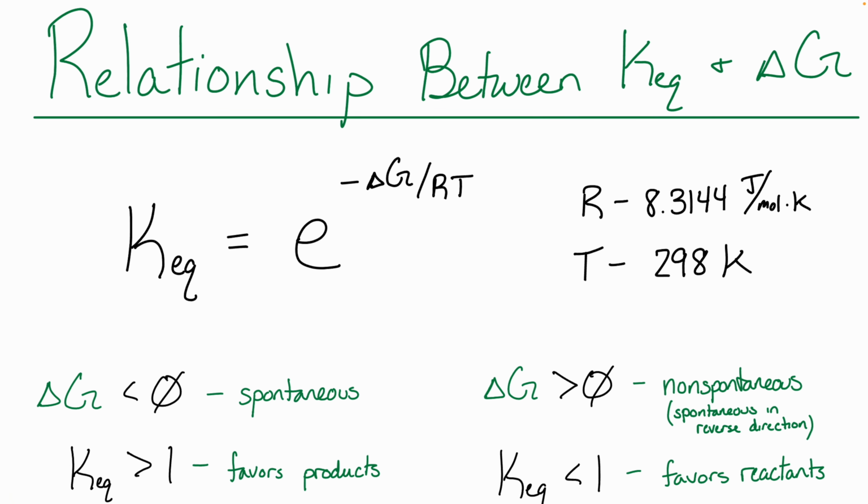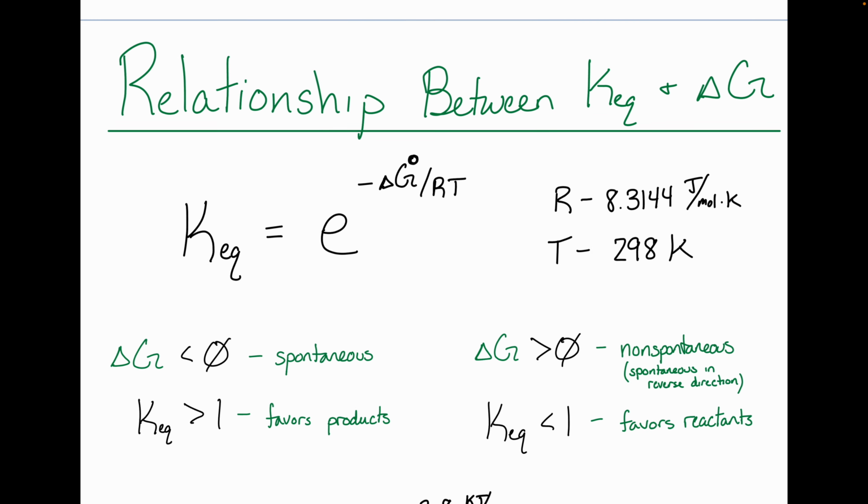It was delta G naught that we plug into this equation for our equilibrium constant. That standard free energy will tell us our equilibrium constant.